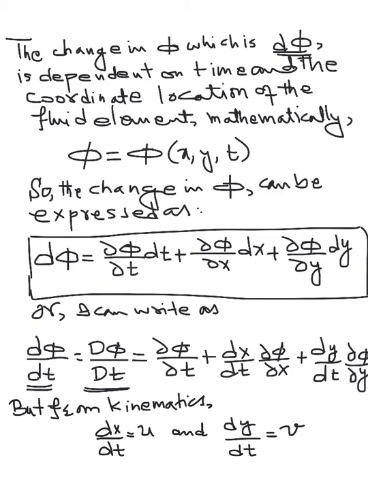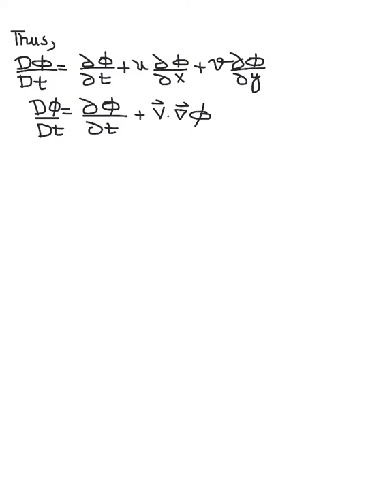Subsequently, from kinematics, I will introduce these two definitions in the above equation. Now the equation can be simplified in terms of velocity components u and v, and it can be further simplified and written in terms of the dot product of the del operator and the velocity vector.